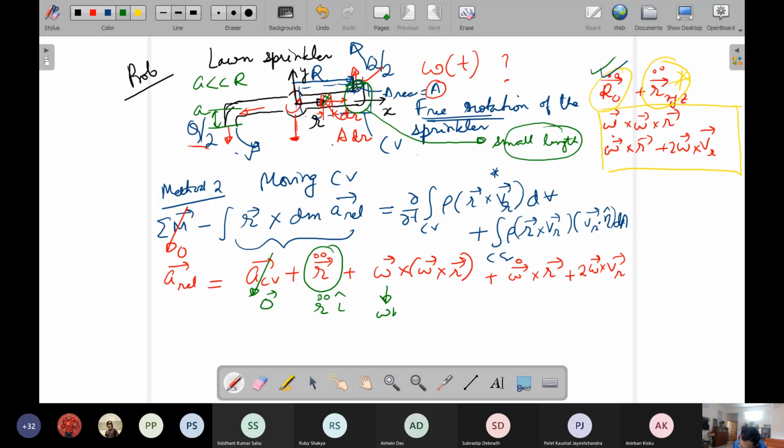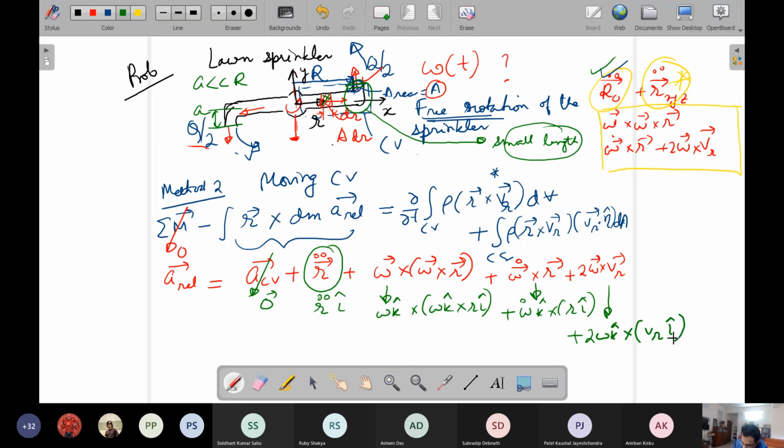Then omega k cross omega k cross Ri. I'm just writing all the terms vectorially. Plus omega dot k, where omega dot is the angular acceleration, cross Ri. Plus, let us write the Coriolis term also, plus 2 omega k cross Vri.